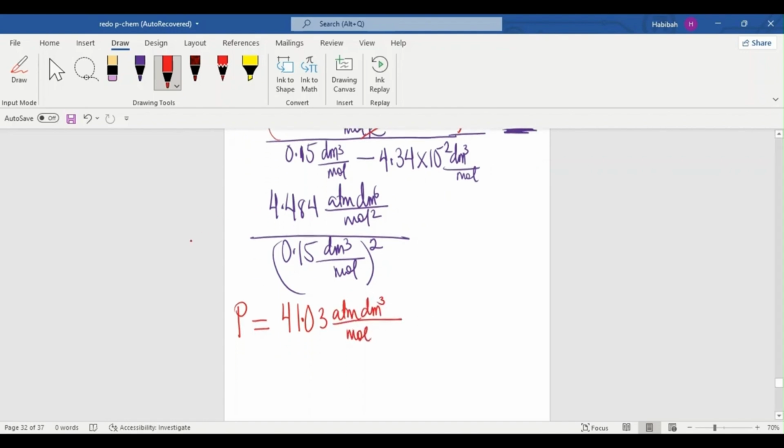And then you've got the denominator, which is just 0.15 minus 4.34 times 10 to the power of negative 2, which is just 0.1066 dm cube per mole.